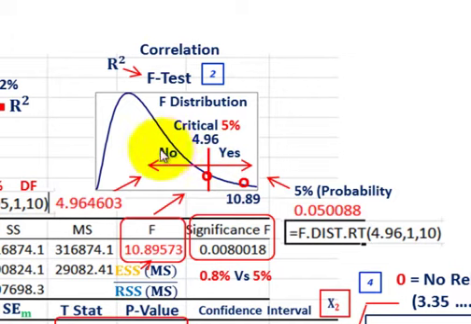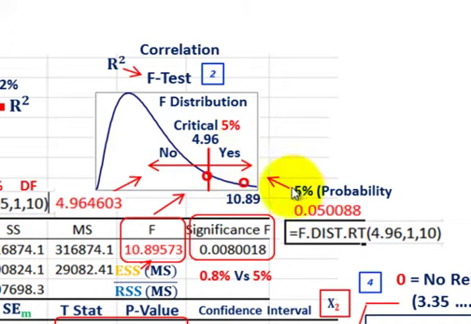If it was less, say 3, 2, or 1, or anything less than 4.96, then no, we wouldn't be passing our F test. We're sitting at 10.89, so yes, based on our F test, our R squared correlation gives us that correlation between what our X independent variable is explaining and the variation in Y.